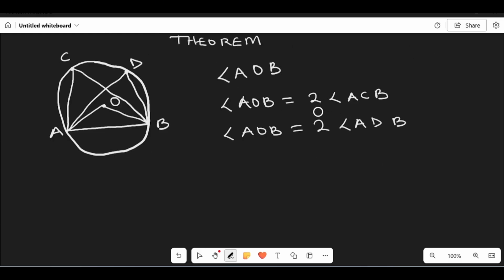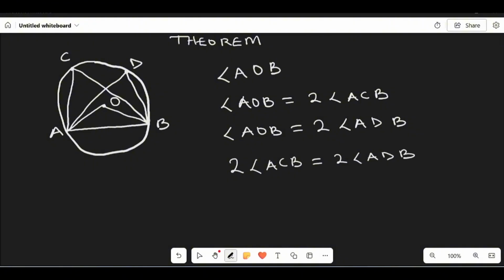Now let us substitute angle AOB equal to 2 multiplied by angle ACB in this equation. So we are going to have 2 angle ACB equal to 2 angle ADB.